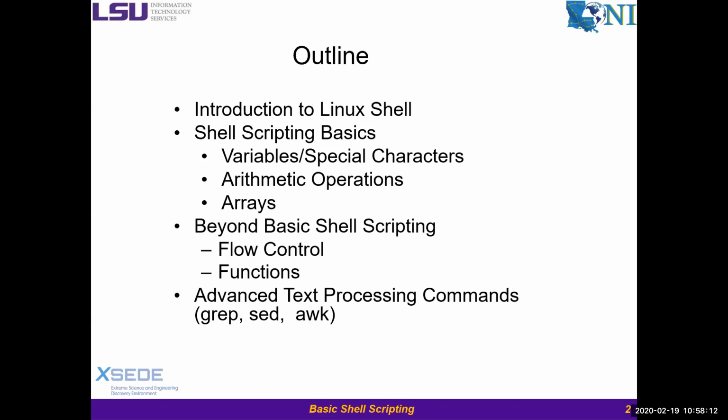Flow control, we basically talked about if and different loops. We used examples of for loop, while loop, and until loop. And in the end, we introduced advanced text processing commands using grep, sed, awk. They are based on regular expressions, and they will greatly speed up your workflow, especially when you're processing lots of text data. All right, so basically, this is the end of today's training.